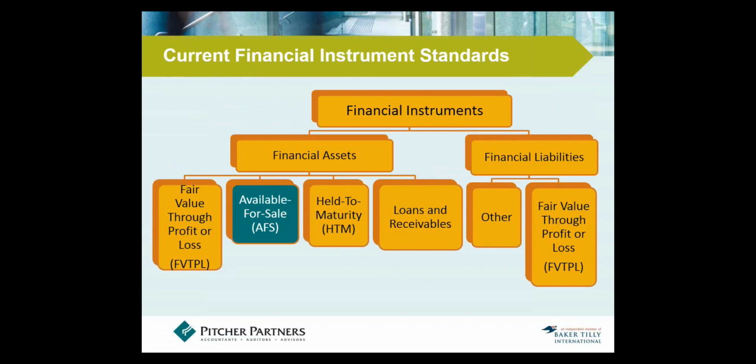Specifically, there was a lot of pressure on the International Accounting Standards Board on their one financial asset called available for sale financial asset.